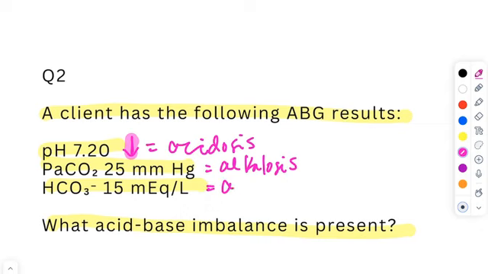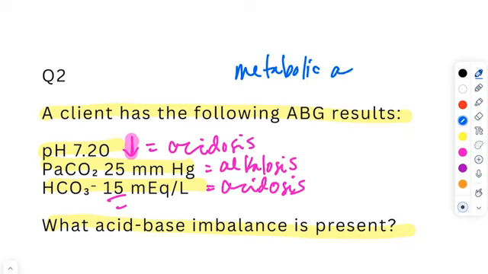And of course, your bicarb is on the low side, so we know it's acidosis. So the final correct answer would be metabolic acidosis.